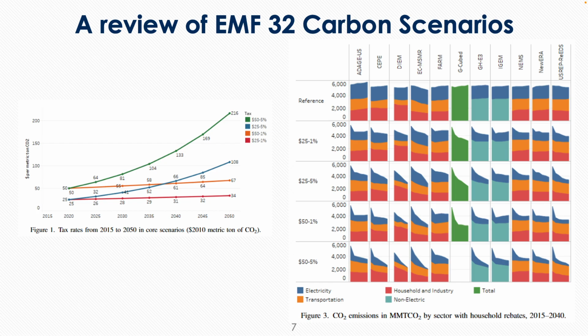They have a $25 tax at 1%, $25 tax at 5% discount, $50 tax at 1% discount, and $50 tax at 5% discount. The discount rates, as I was mentioning, affect how far out into the future we are, or how the damages are internalized based on how you value those damages in the future.